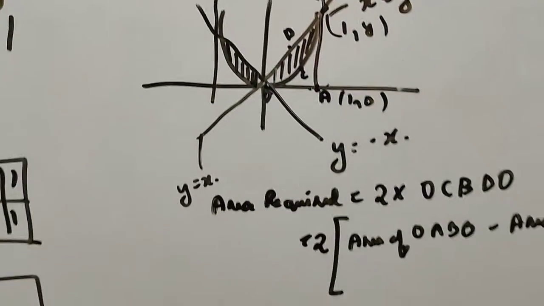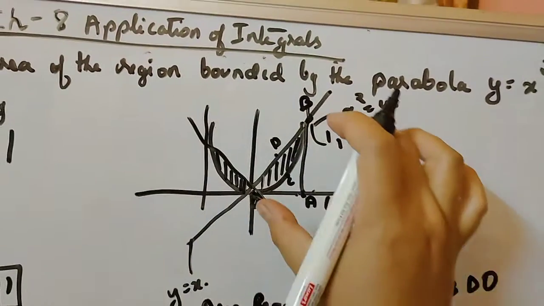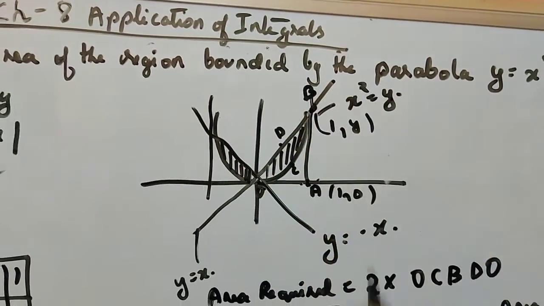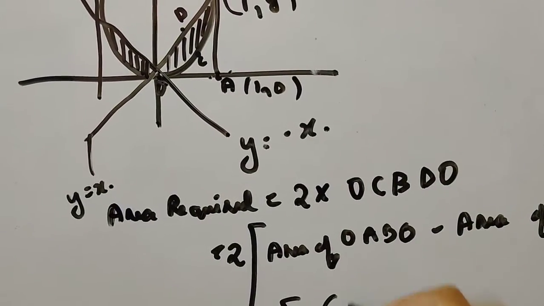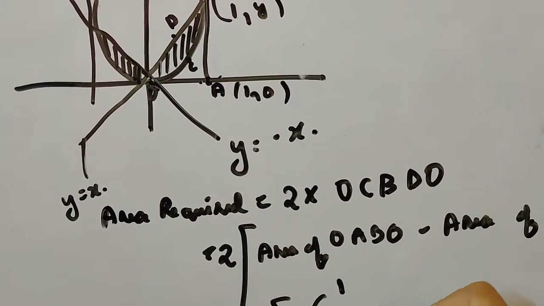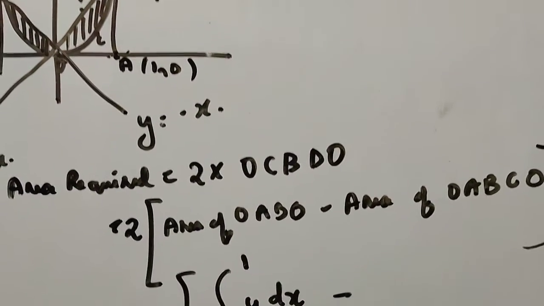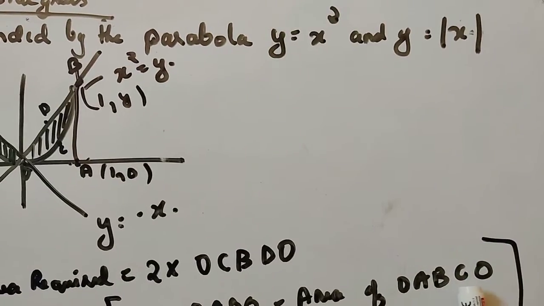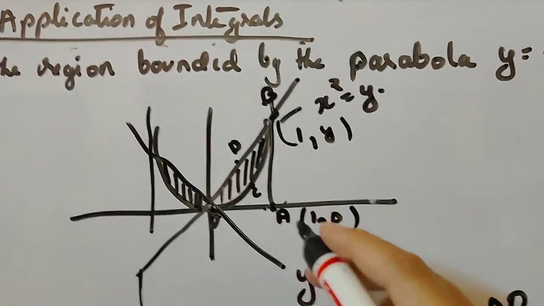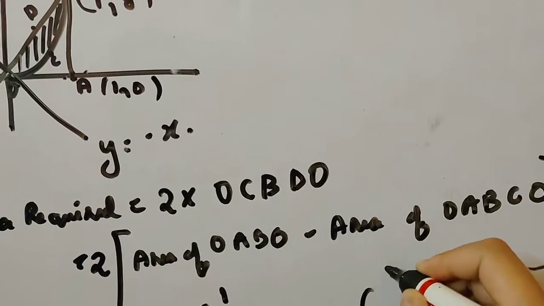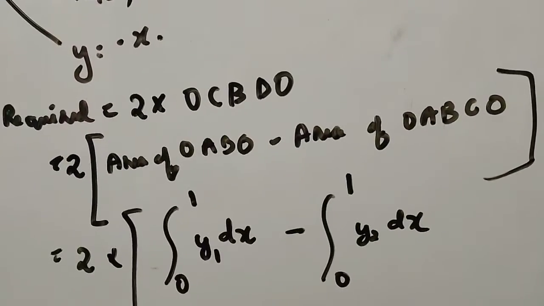Now 2 into, for the first area, the area of this first triangle, the whole area we are going to find, that means integral from 0 to 1 of y1 dx, minus the area of OABCO, that means this non-shaded part. Here also it will be 0 to 1 of y2 dx.